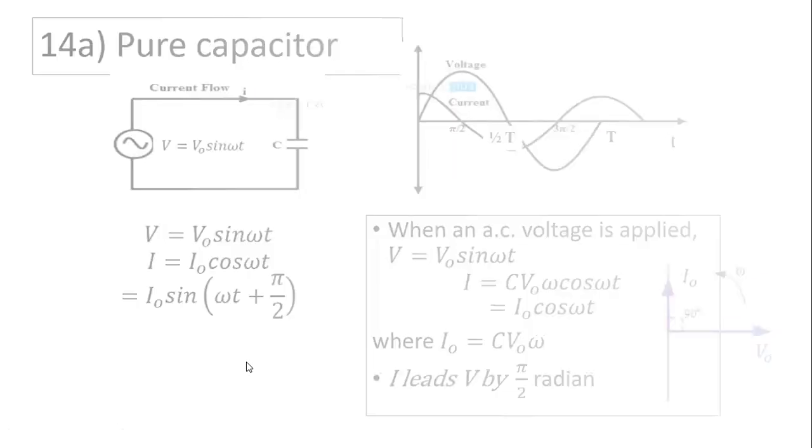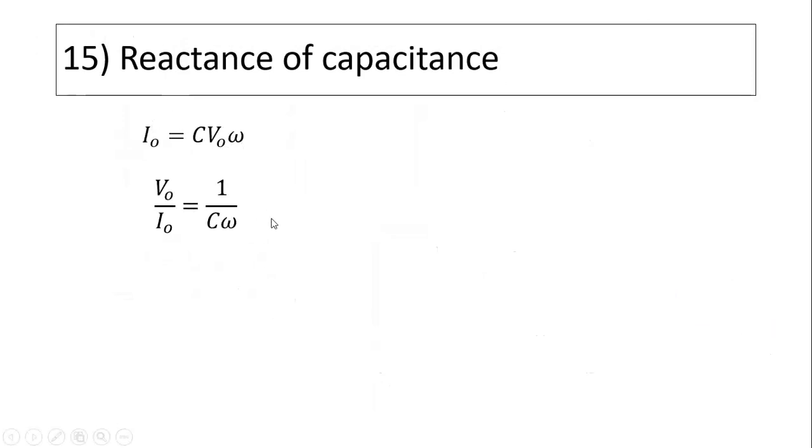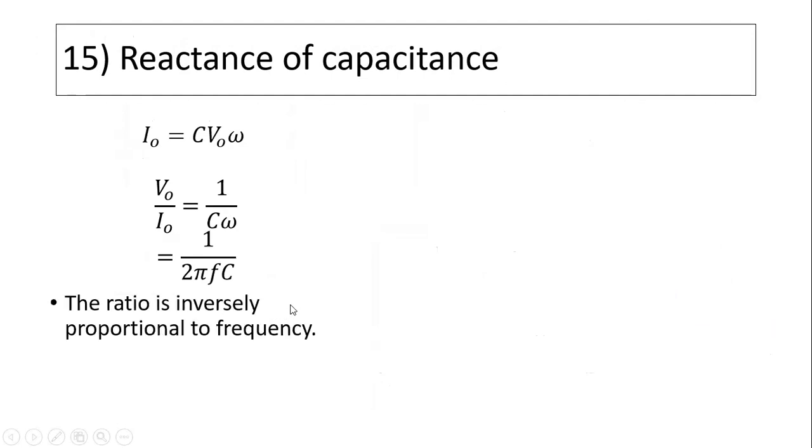Reactance of capacitance. A new quantity we want to define: I naught equals C V naught omega. Take I naught down and cross multiply C omega to the other side, so V naught over I naught is 1 over C omega, which is 1 over 2 pi f C. We can see this ratio is inversely proportional to frequency.